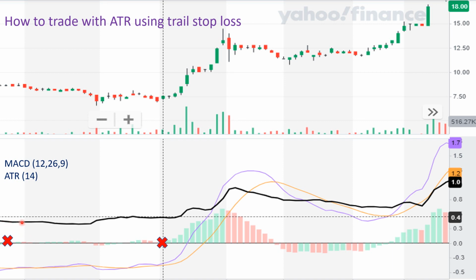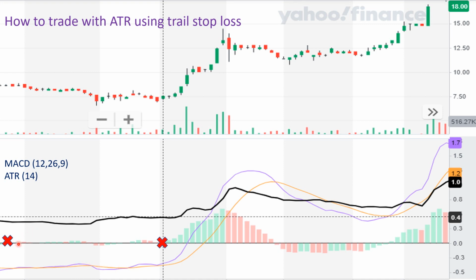Now between these two locations, you see the ATR value curve is flat. That means the volatility is at its lowest level and the trend is in consolidation. And you also see the same thing from the price trend. You see the trend is basically in consolidation. There's no big fluctuation going on. The MACD indicator also shows flat here.